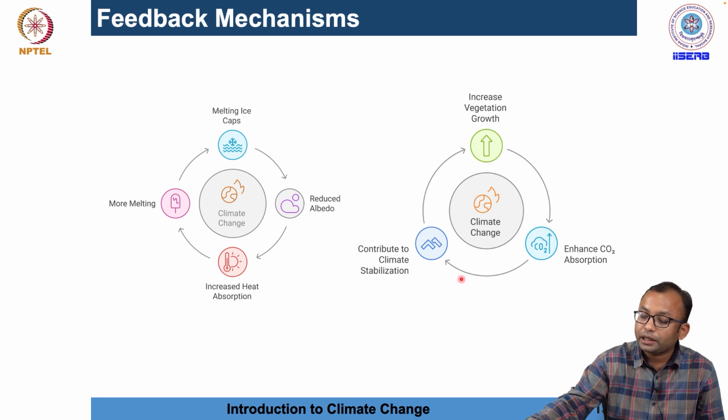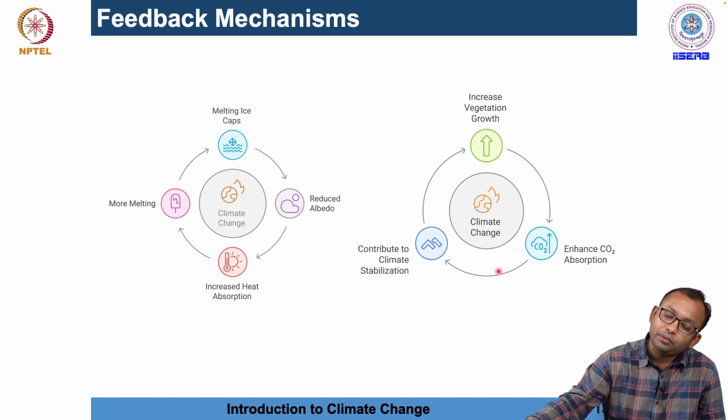Then there is negative feedback. For example, if you have climate change, there are enhanced CO2 conditions, which can increase vegetation growth and enhance CO2 absorption from the atmosphere, and that sometimes also stabilizes the climate conditions in particular locations or regions.